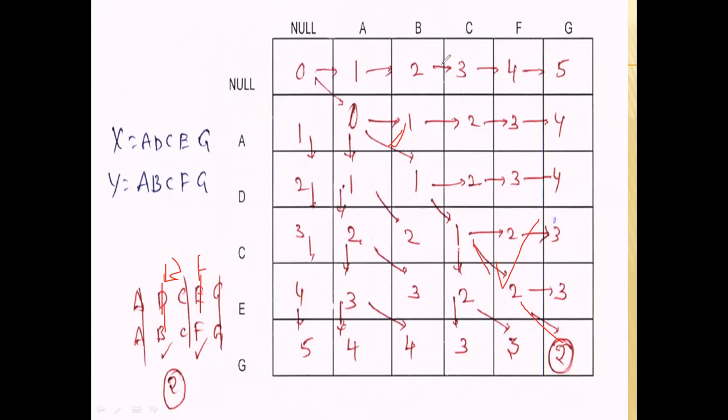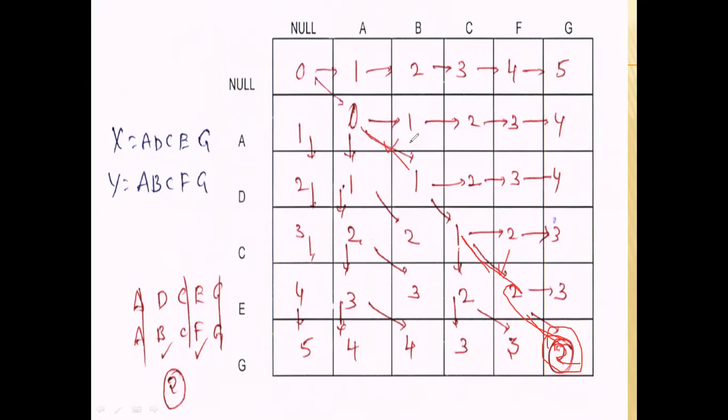So how are we calculating the minimum number of operations? The last value, C of M comma N, is 2. How are we getting 2? By the arrow value, that is the previous value, the diagonal value. 2 is not a change, and on the diagonal arrow, 2 is not a change. So 1 is a change, one replacement operation. Next, 0 is a change, one replacement operation.